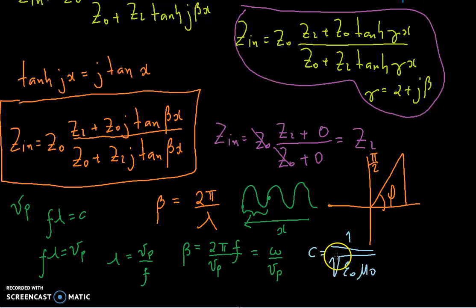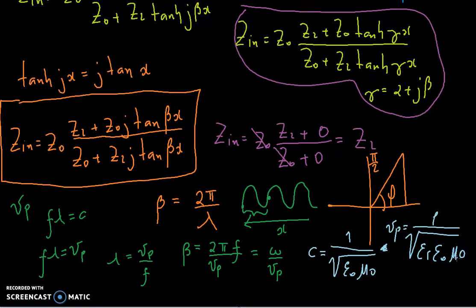However, we are not in free space in a transmission line, so the actual speed will be changed. So the V propagation will be equal to 1 over the square root of epsilon relative of the dielectric, which is the dielectric constant, times epsilon naught times mu naught.